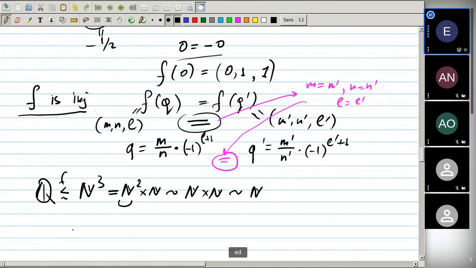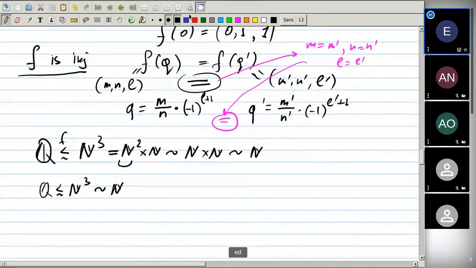We have that Q is embeddable into n cubed, while n cubed is equivalent to n. But if it is equivalent, it is of course embeddable. So we see that Q is embeddable into N. Do you agree? Yes.